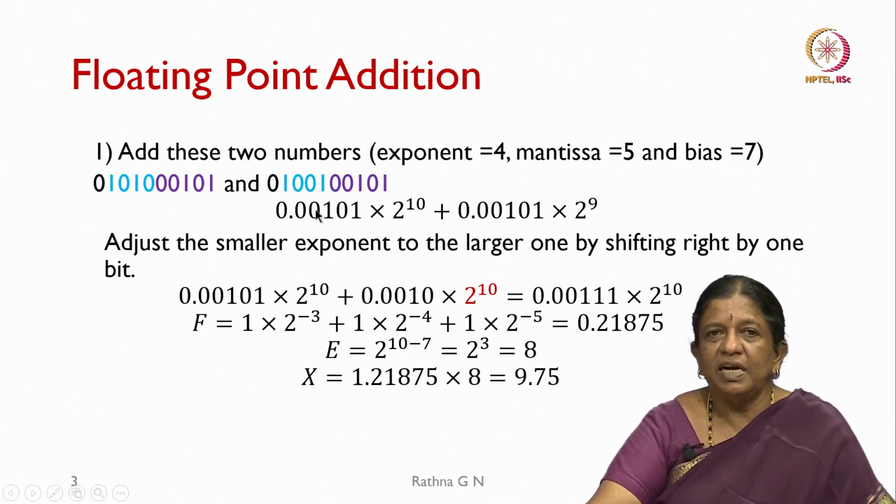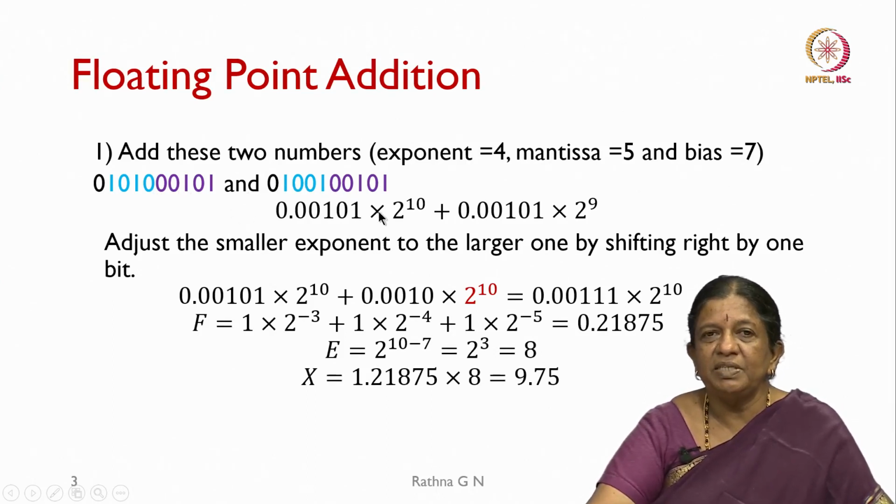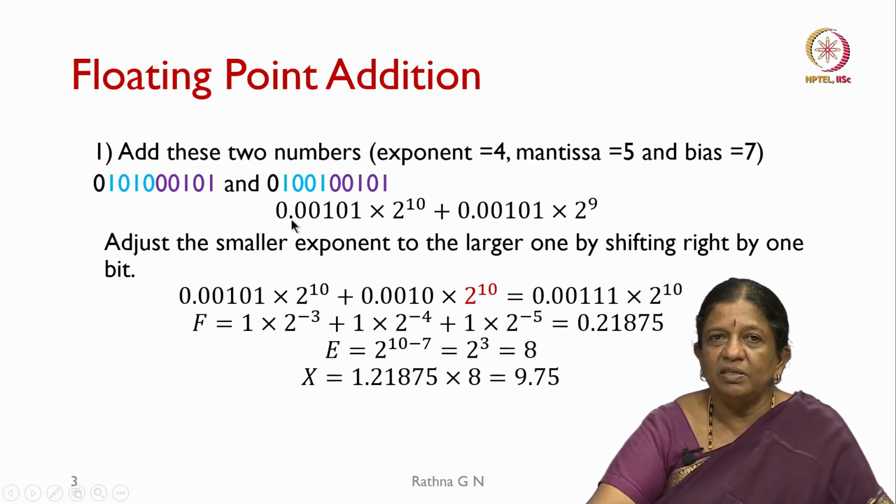Now, we will see how we can represent this number in the exponential format. If I see the thing, it is going to be 0.0010 into 2 power 10, and then the next number has an exponent value 9, 1001 is 9, so it is multiplied by 2 power 9.